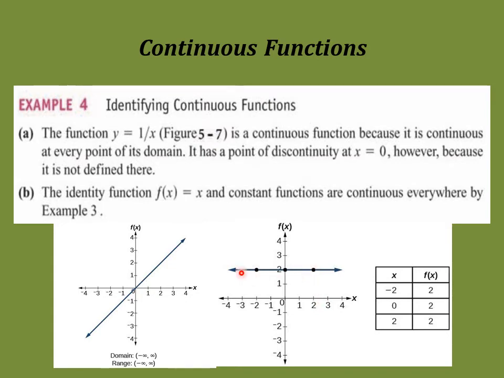These are 3 points. If you connect between them by using your ruler, you will find that it is a straight line, and this straight line is parallel to the x-axis. This is also a continuous function for any value for x.